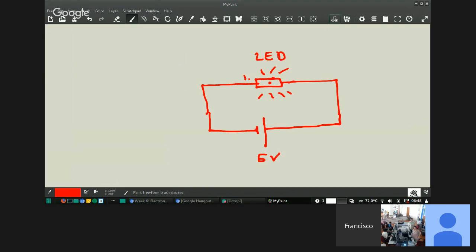So you need a resistor in series. This is the very basic thing to learn this week. And you should do the calculation, Kirchhoff's laws. If you look into the datasheet of this component, I wrote it like this.